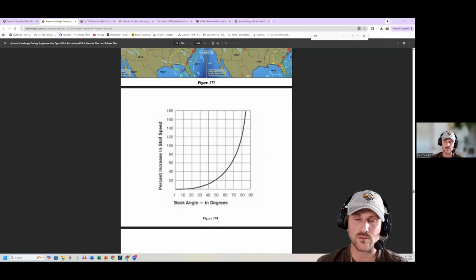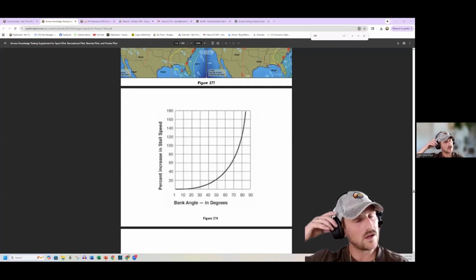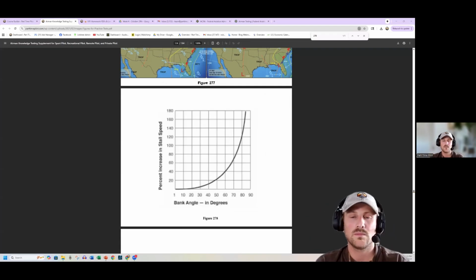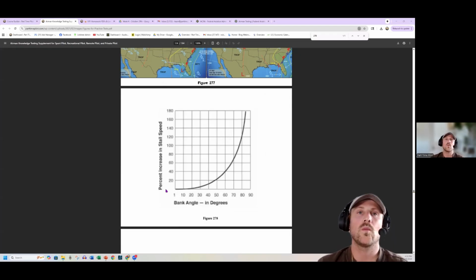Yeah. Cole, you're not wrong. But yeah, load factor is what we want. So as we increase bank angle, we increase our G forces, our load factor. And when we're at 60, that's quite a bit of bank, quite a bit of G's. So it can increase our stall speed by 40%, which is crazy.